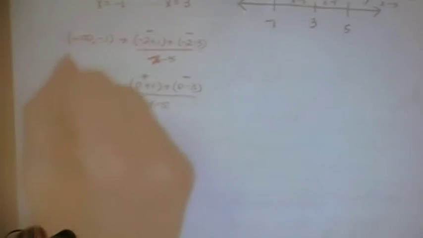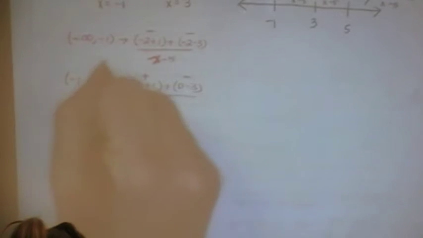Now I need to go from 3 to 5. So remember, the bottom can't be 5, so I can only go right up to 5. So I'm going to plug in 4. My first piece comes up positive. My second piece comes up positive.